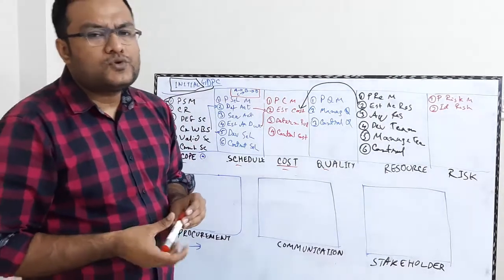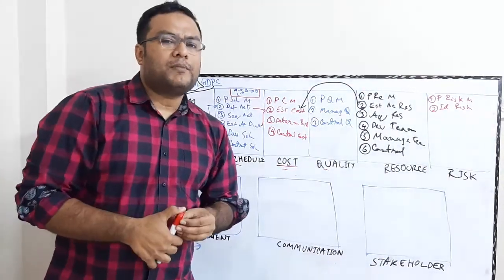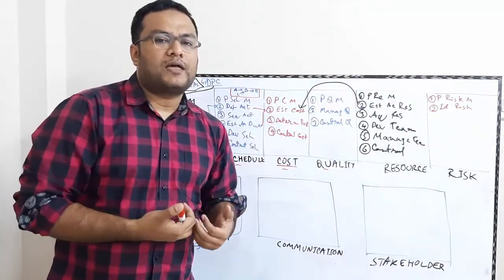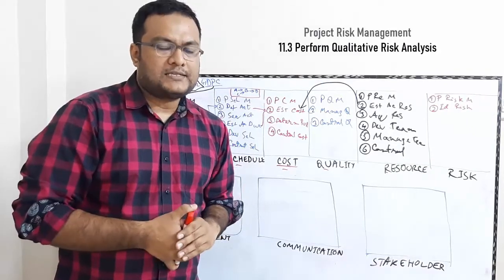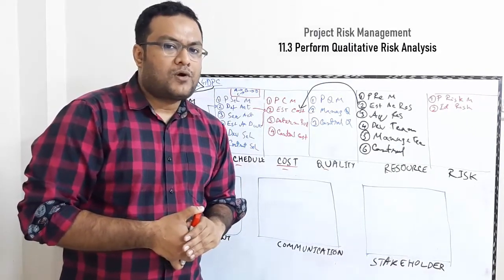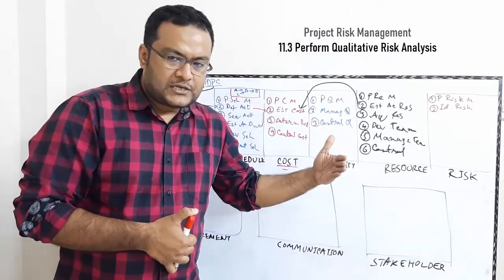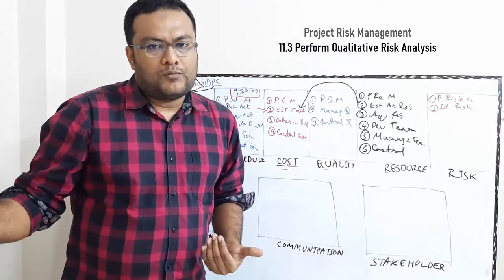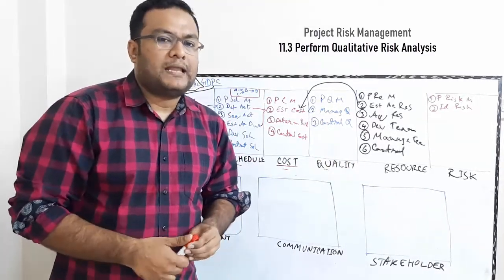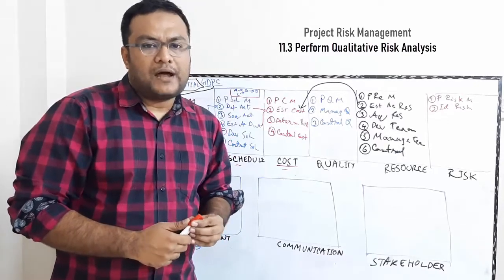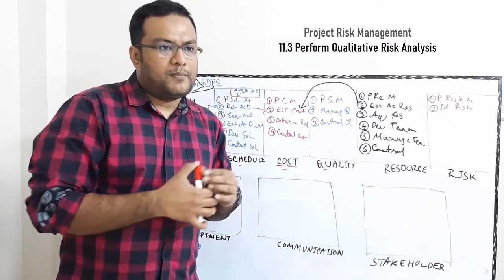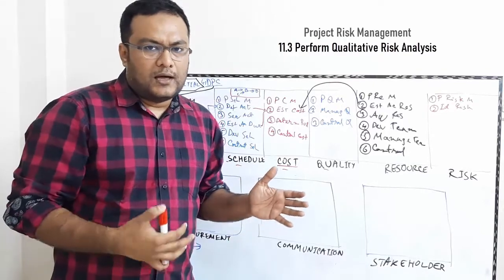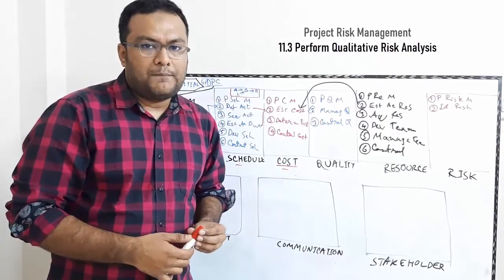Now, once you do an identification of risk, you might end up identifying hundreds of risks. But as a project manager, you might not have the budget capacity, or the appetite, to manage all the risks. So you need to prioritize them based on their probability, likelihood, and significance, how impacting they are.